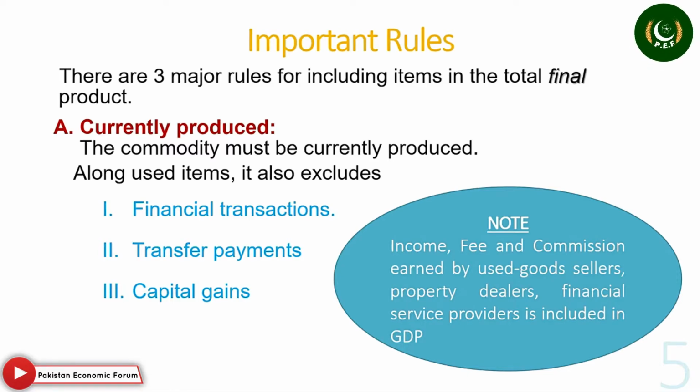Dear listeners, as these goods or properties are not currently produced, their price is not included in GDP. But the fee or commission charged by the agents is included in the GDP because the services of these agents are currently produced.